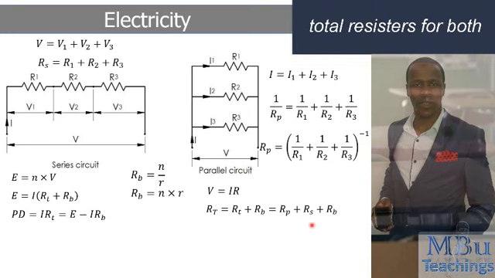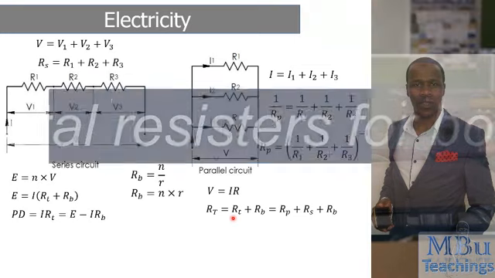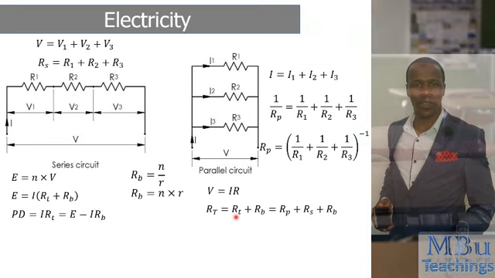Alright, then obviously RT, the small letter t, is equal to RP plus RS. Then RB is the one for the battery, which could be this or that, depending on the connection of the cells.